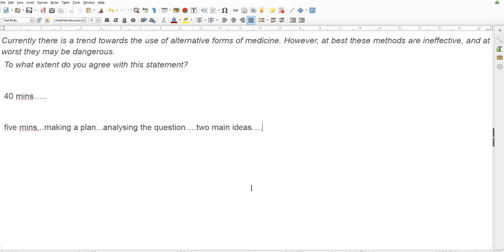Now, when you're thinking about to what extent do you agree or not, I have to say, it's not about whether you really agree or not. That's not the issue. The IELTS test is not a test of truth. The examiner doesn't really care what your opinions are. They're just concerned with the criteria, lexis, grammar, cohesion, coherence, and task achievement, etc. They don't care whether your opinion is real or not.